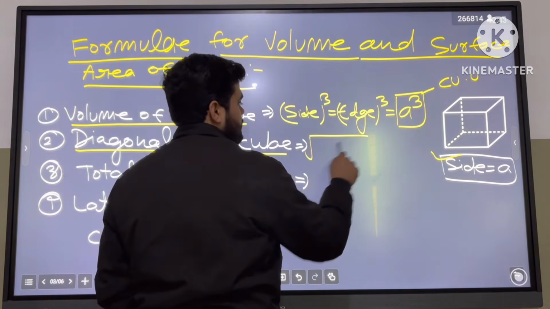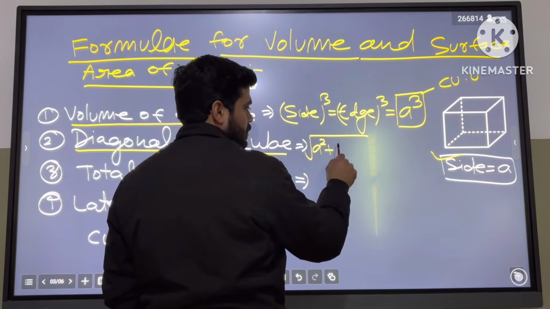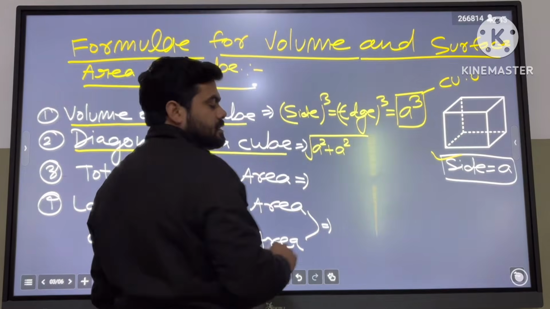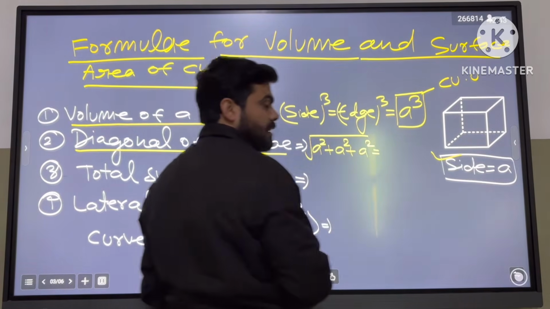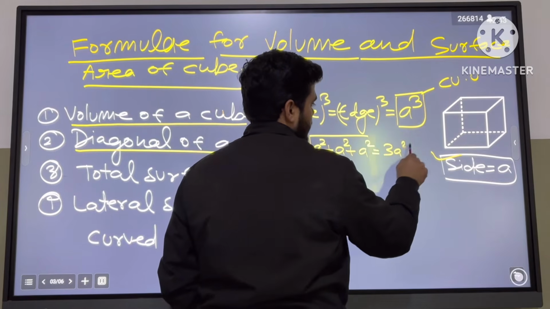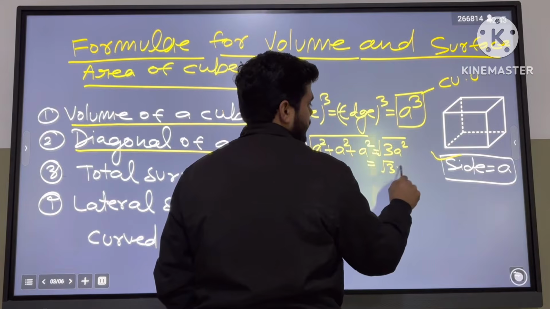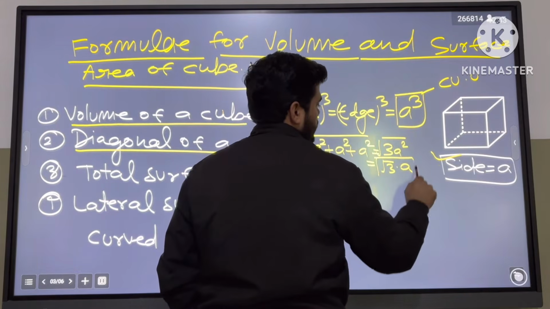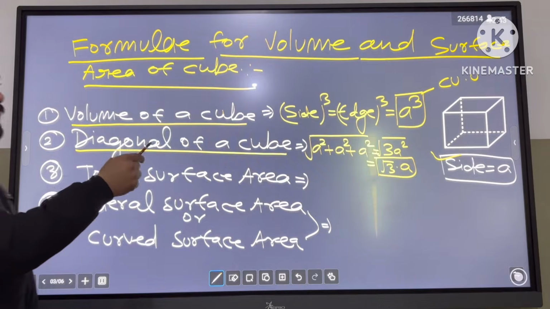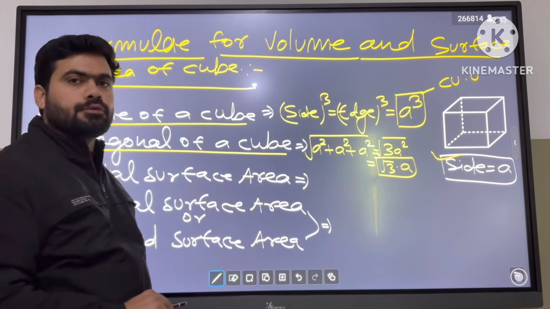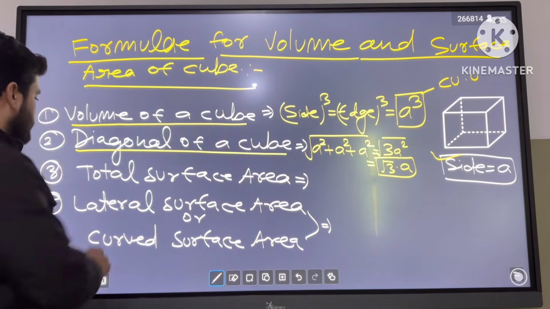So, dear students, where l is a, b is a, and h is a: a square plus a square plus a square, 3a square. So the final answer is root 3 into a. So, dear students, the diagonal of a cube is root 3 into side. This is the formula of the diagonal of a cube.